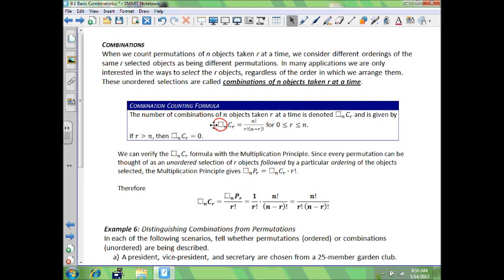Now we can verify the nCr formula with the multiplication principle.